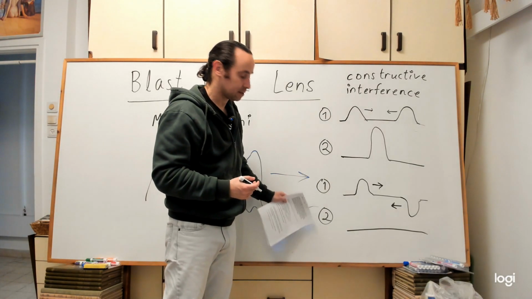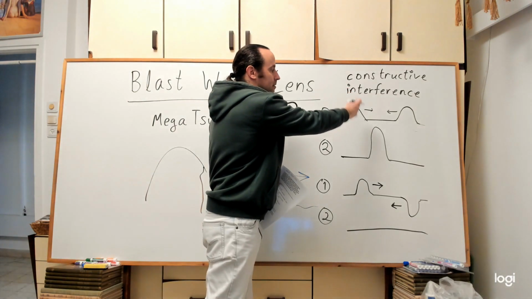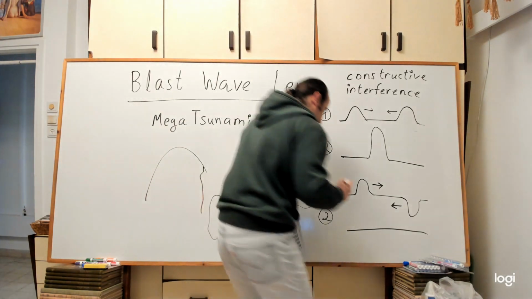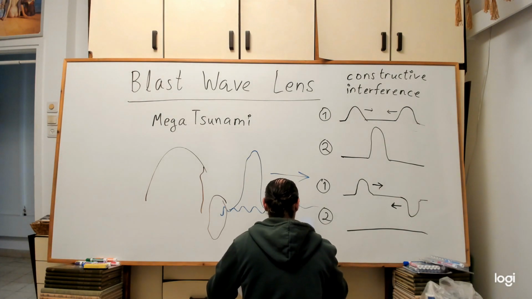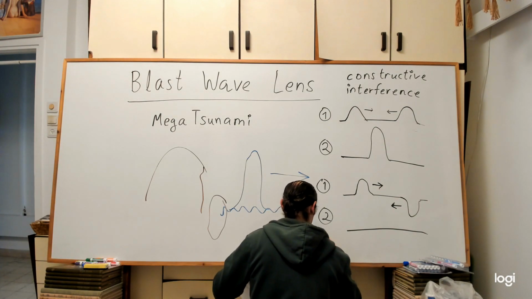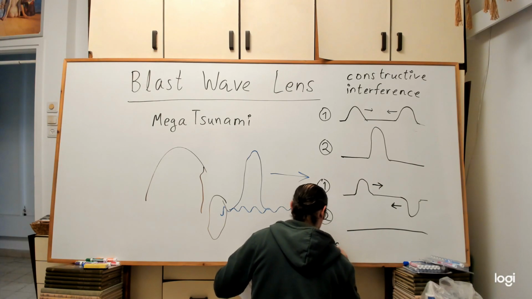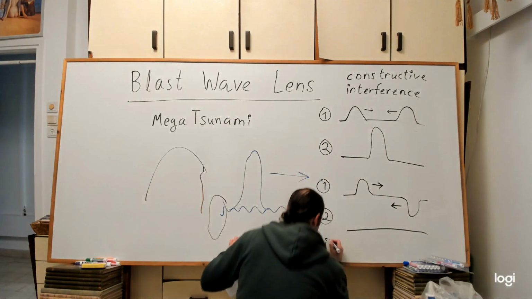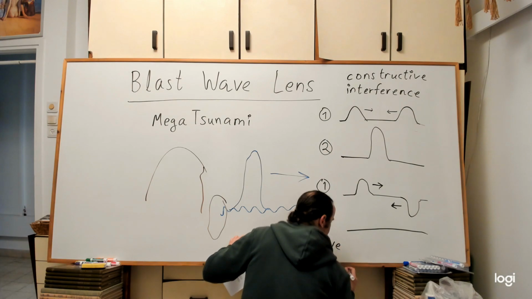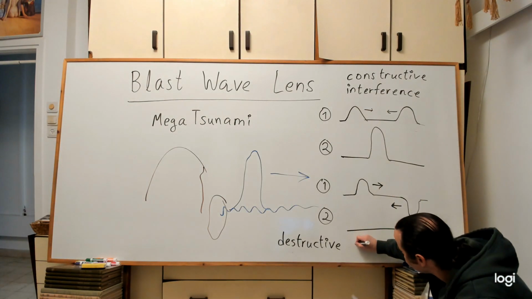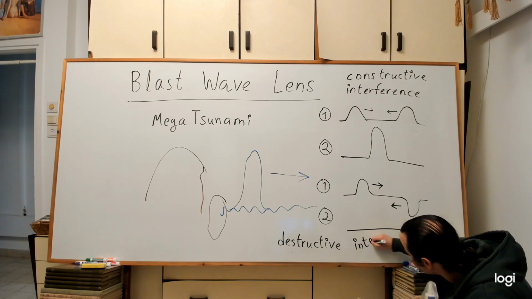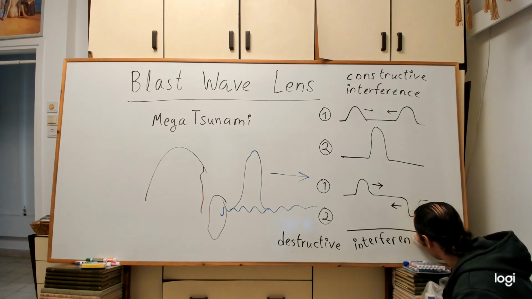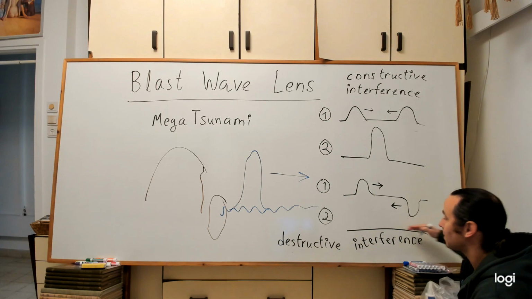So this is constructive interference when they make each other stronger, and destructive interference is when they cancel each other out.